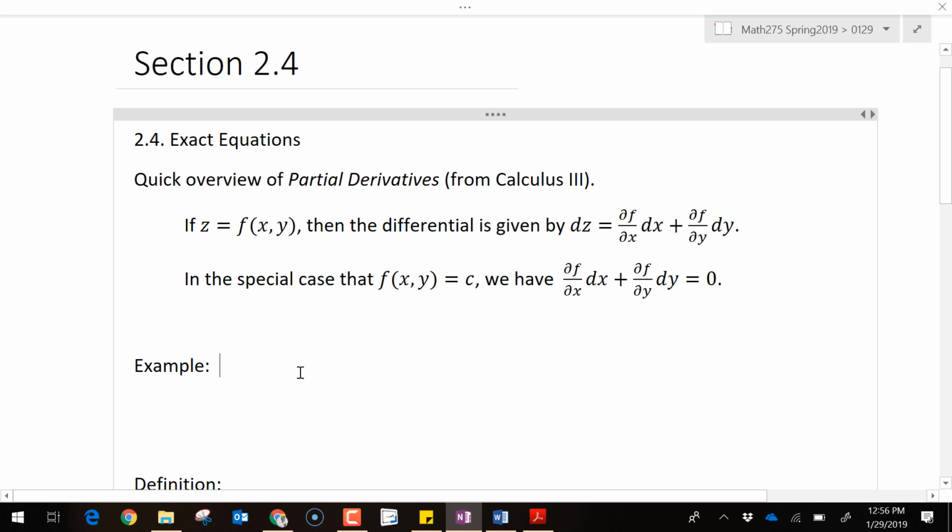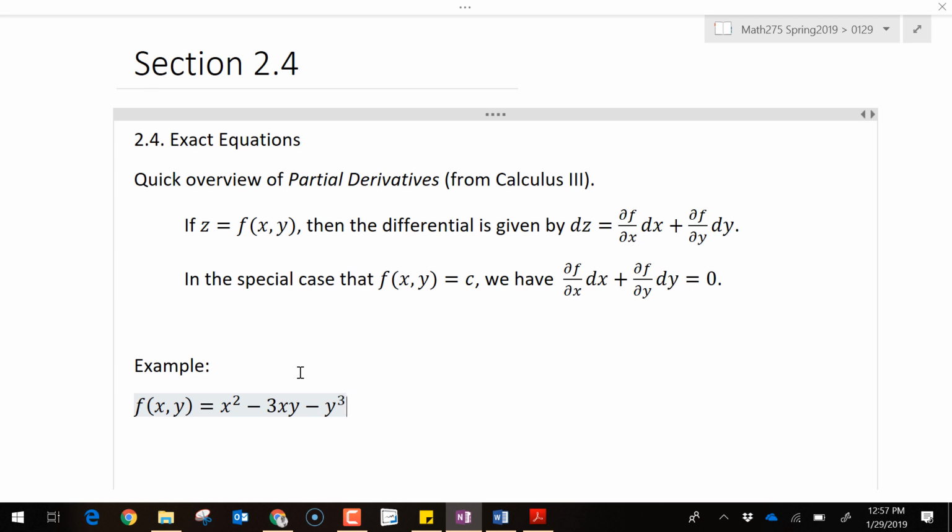So let's take a little Calc 3 detour into things and come up with a function that we might see in Calc 3. So let's say f of x y is equal to, let's find a nice quadratic function maybe. So x squared minus 3xy minus y squared, or y to the third, something like that.